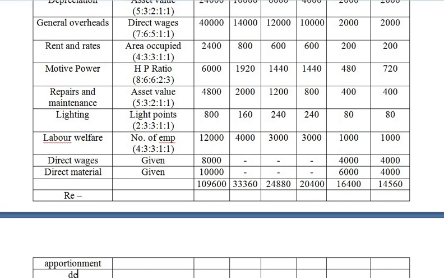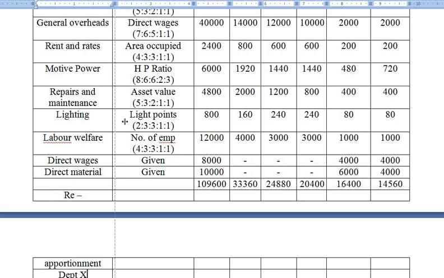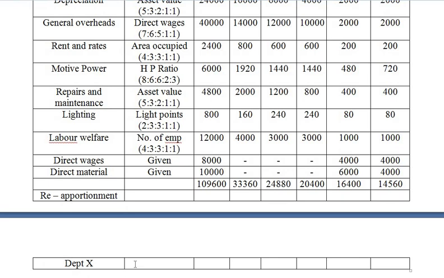First we will take department X. Department X amount is how much? Just go through the problem, that is 16,400, right?